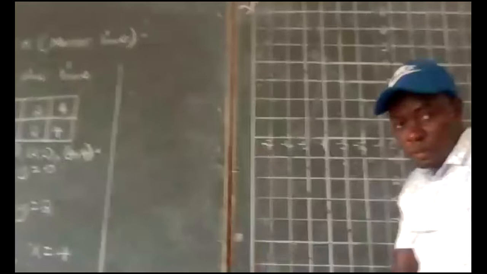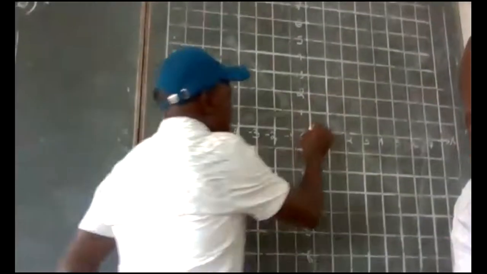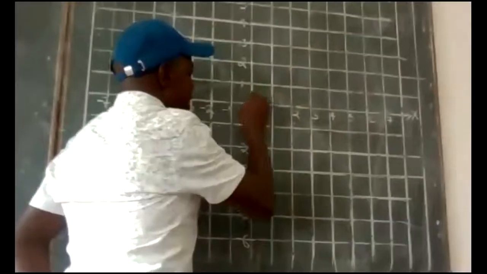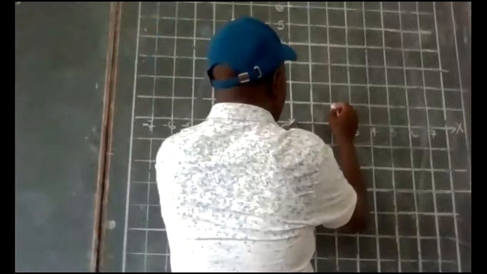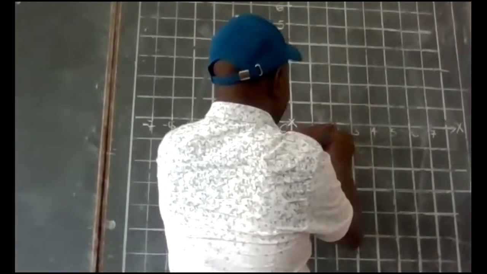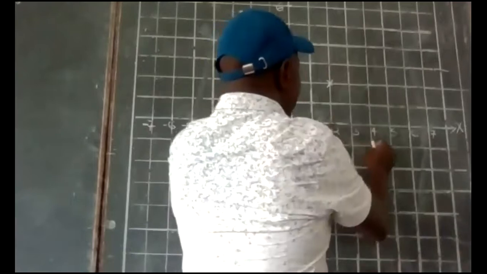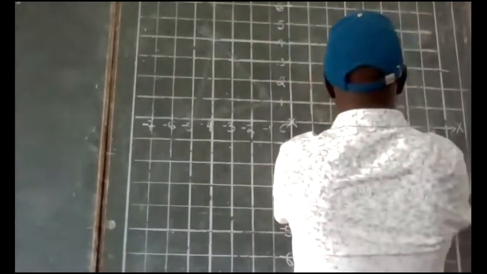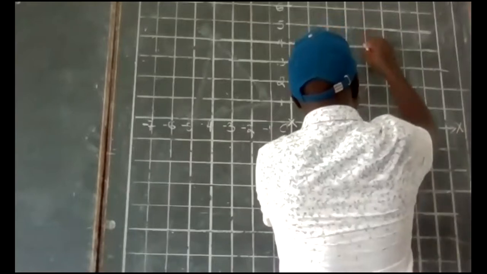So I come to my graph here. The first point is 0, 0. So I put it here. The second point is 2, 2. 2 on the x-axis, then 2 on the y-axis. The third point is 4, 4. So 4 on the x-axis, 4 on the y-axis.